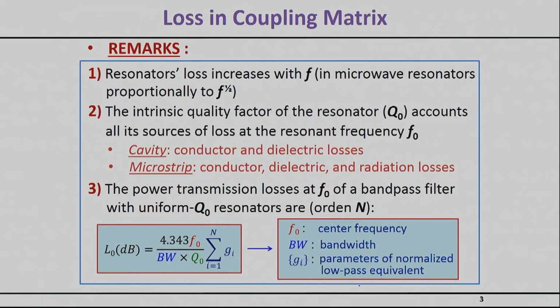Now, a few important things to keep in mind. So first of all, that loss is not constant. The loss in resonators in general tends to increase as a function of frequency, and that means that the higher the filter, the more loss you will have, keeping everything else the same. Specifically, in most microwave resonators, you will actually see a dependence on the square root of f.